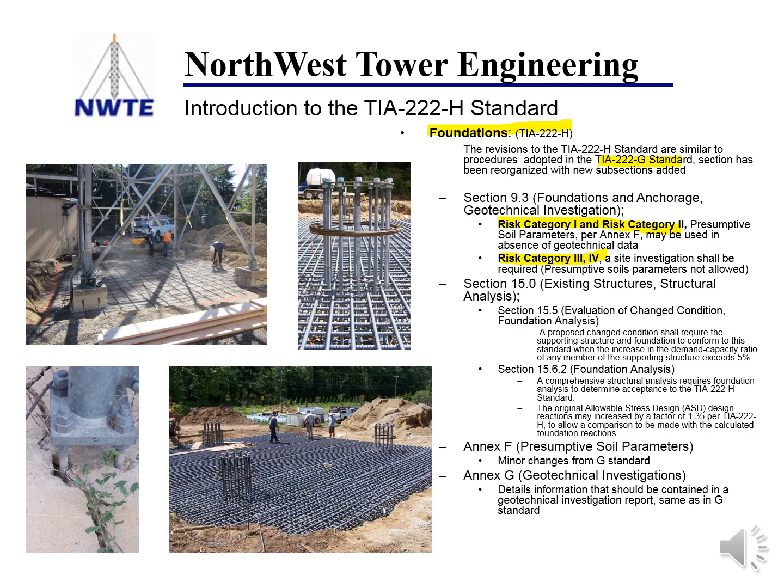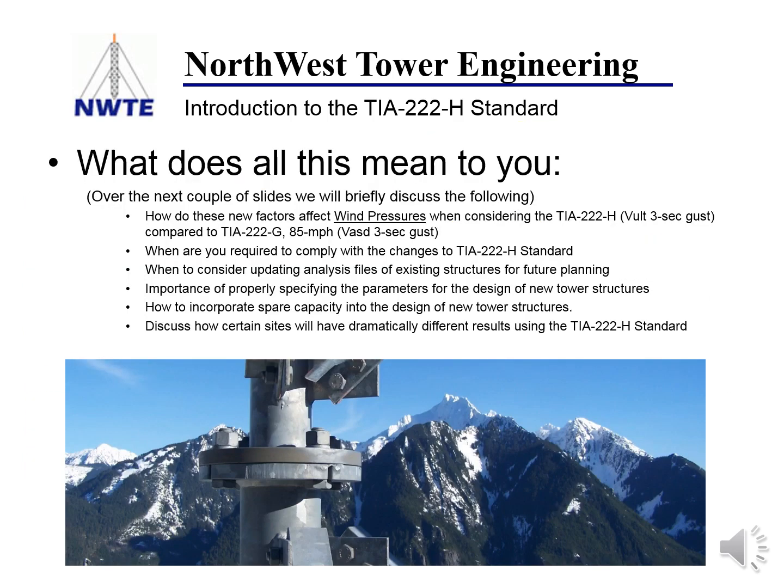Now, I won't labor this one, very similar approach. So what does it all mean to you? How do these new factors affect the wind pressure when we compare H to G? When will you be required to comply with the H standard?